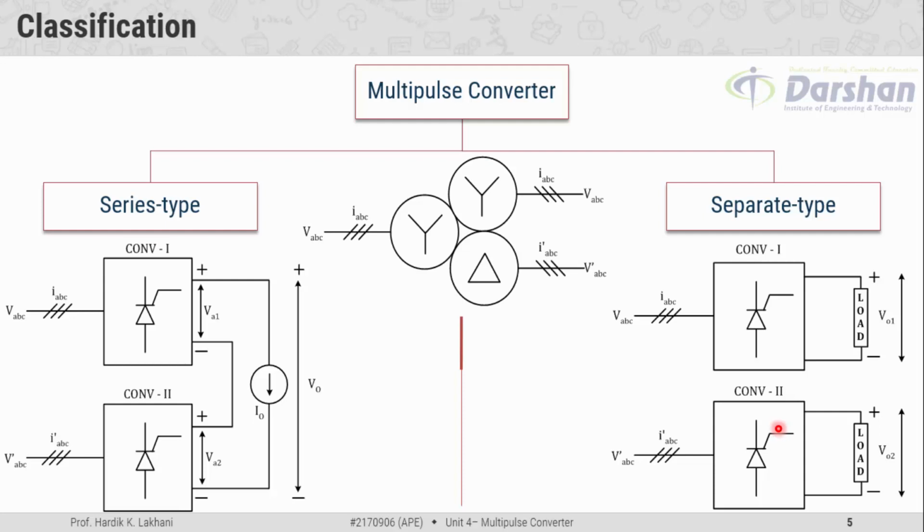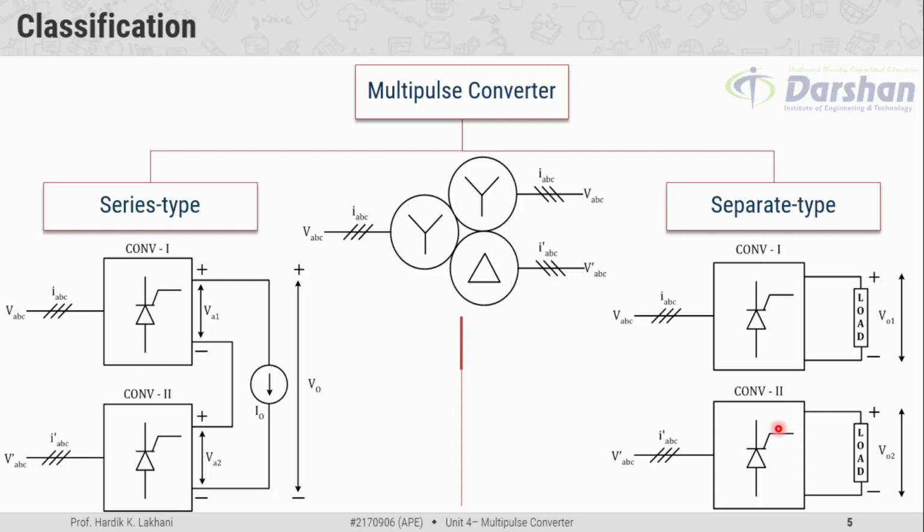And this is the line diagram of the phase shifting transformer. As I said, if we want to power 2 units of 3-phase converter, then we should produce a 6-phase supply, but that 6-phase supply is not readily available.